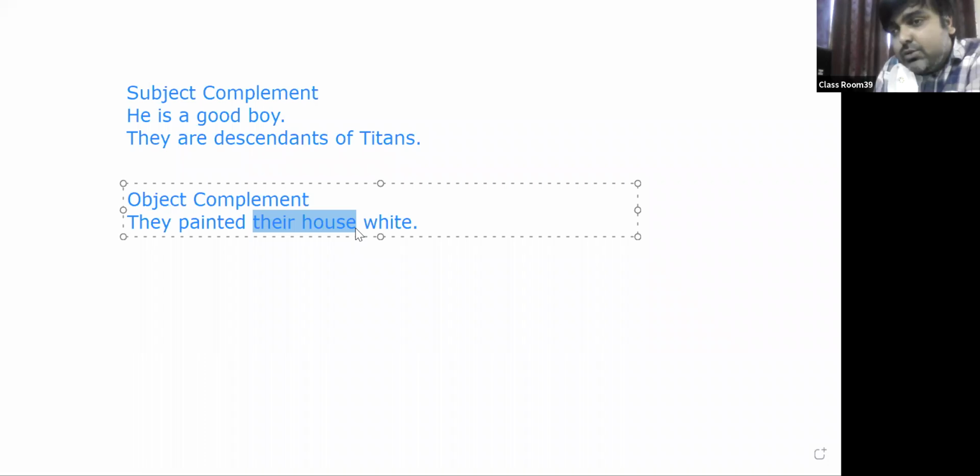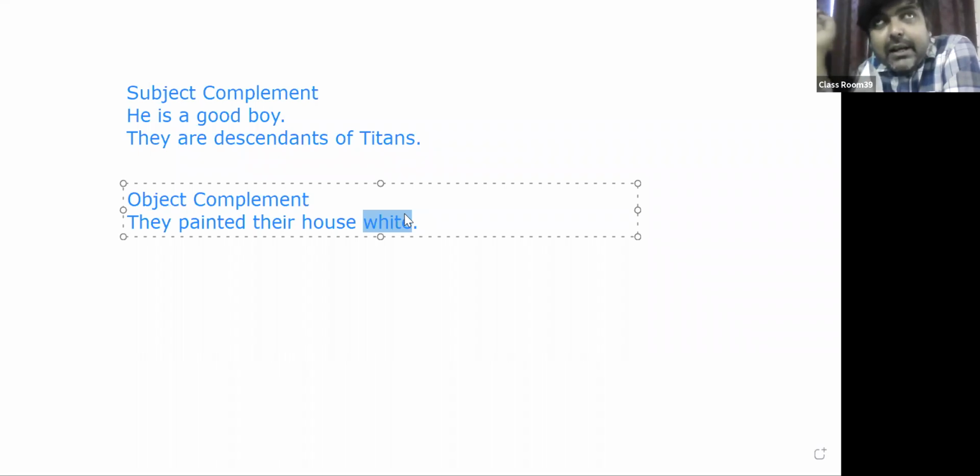So here their house is the object. Anything that follows the object, well, I should not say anything, because if the sentence is "they painted their house up the hill," then "up the hill" is not an object complement, it is a prepositional phrase. Remember that.